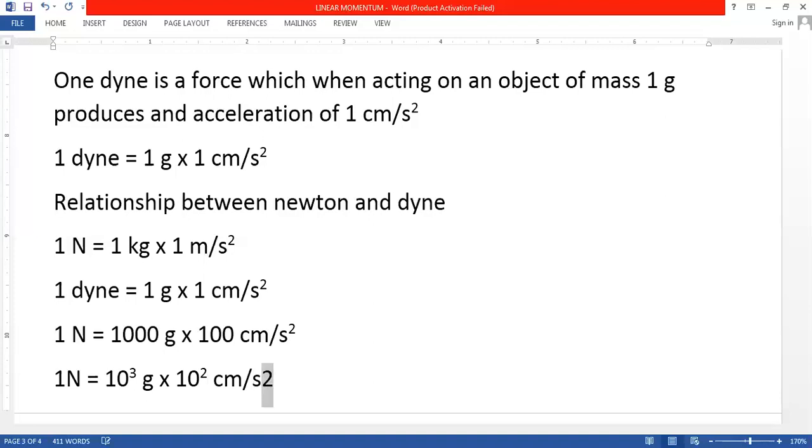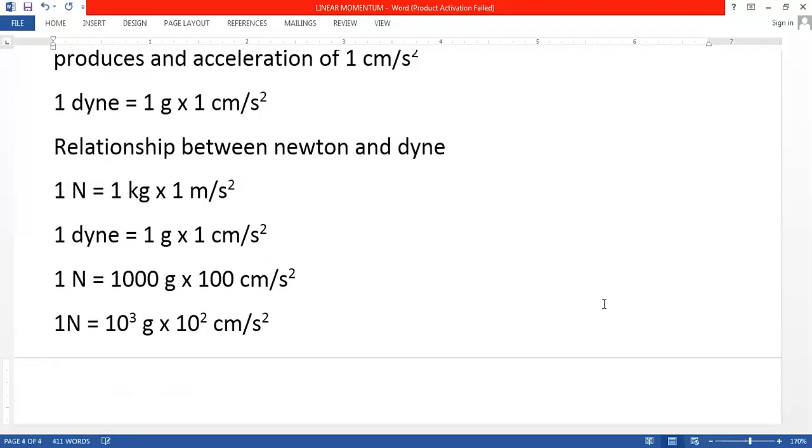Exactly. So how much do we get? 1 Newton is equal to 10 raised to 3 into 10 raised to 2, which becomes 10 raised to 5 gram centimeter per second square.